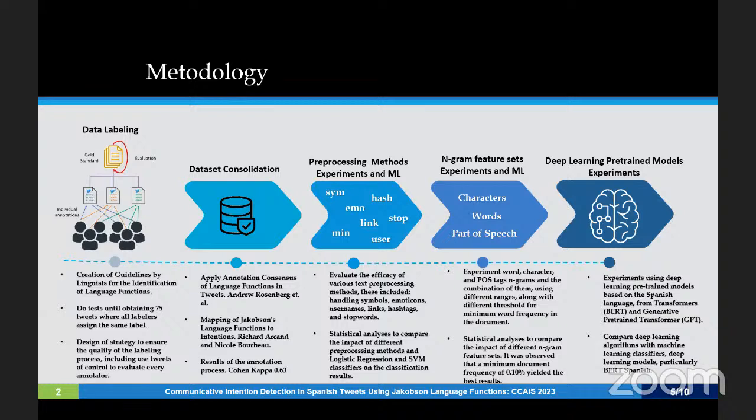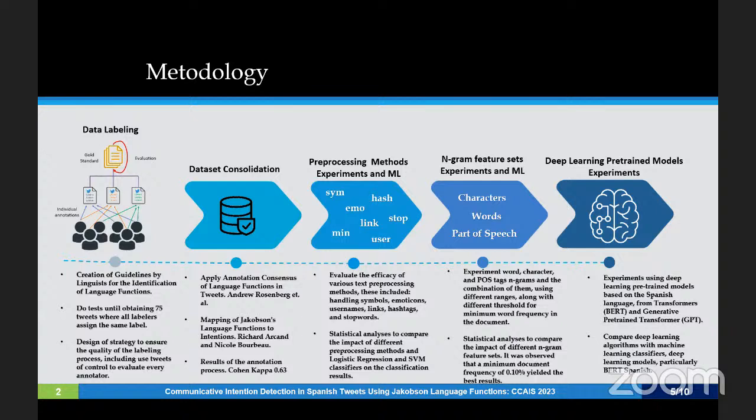Well, having the theoretical framework to define intentions and having selected the target corpus, I will now present a general summary of our research methodology. Initially, in data labeling, we create guidelines by linguists for the identification of language functions.